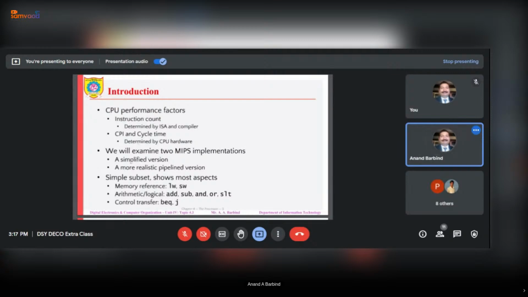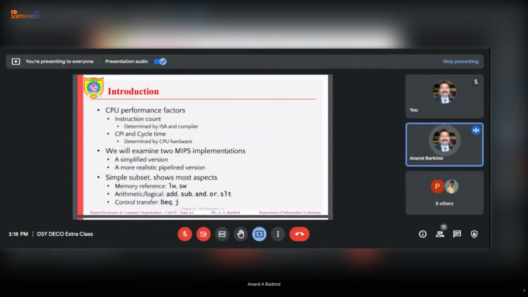MIPS is a simplified version. It is a more realistic pipeline version, and it has a simple instruction set, with a very small number of instructions. For example, for performing memory operations, only two instructions are there: LW, which stands for load word, and SW, which stands for store word.